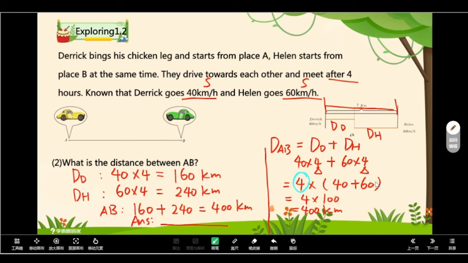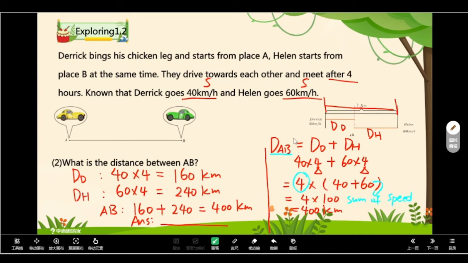That is the sum of speed. So if we need to find the total distance of A and B, we can just use the sum of speed of two persons, multiplied by the time we use. That is our total distance.